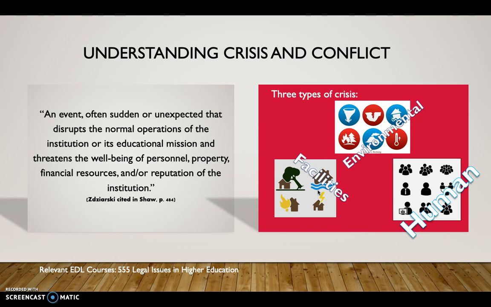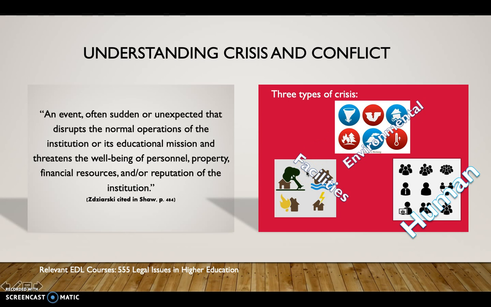Crisis is defined by the book as an event, often sudden or unexpected, that disrupts the normal operations of the institution or its educational mission and threatens the well-being of personnel, property, financial resources, and/or reputation of the institution. The book defines three types of crisis. One is environmental, like we just saw with the hurricane that shut us down for over a month and a half, and some news reports said it did between 75 to 150 million dollars in damage.